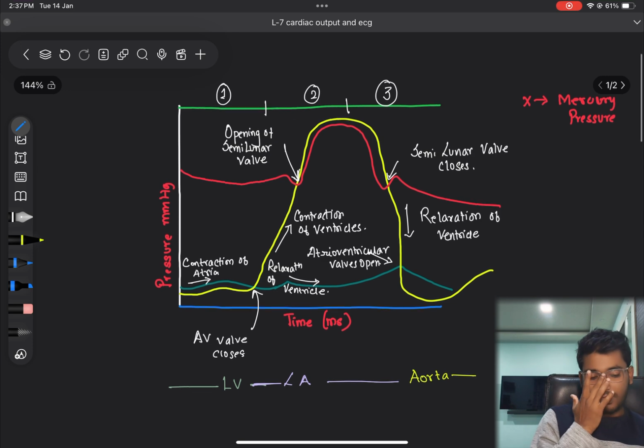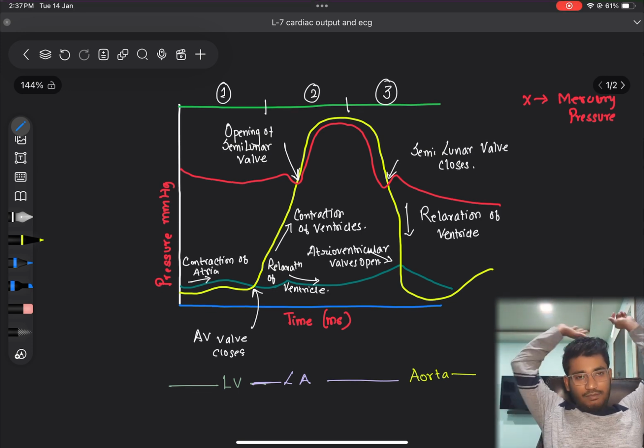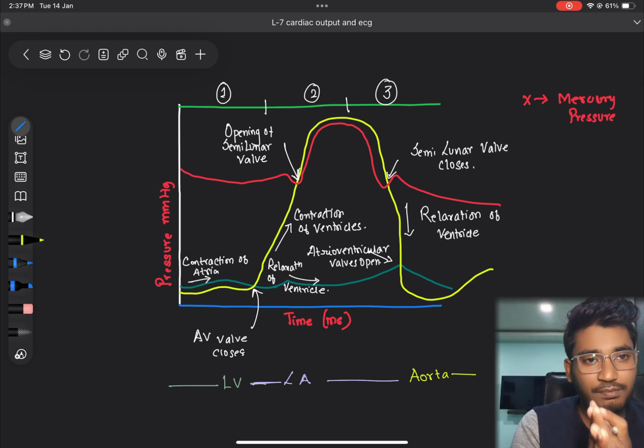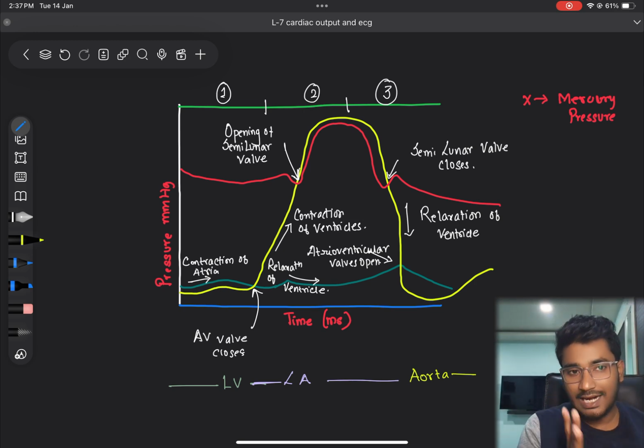Okay, just remember this graph. By this graph you will get a brief idea and a full clear idea about the cardiac cycle.